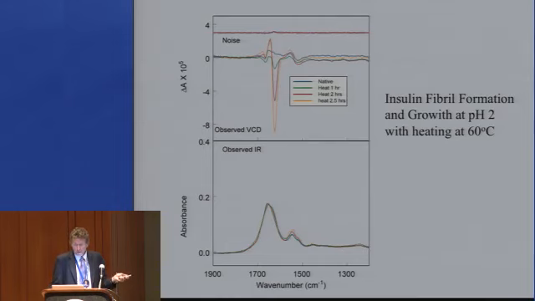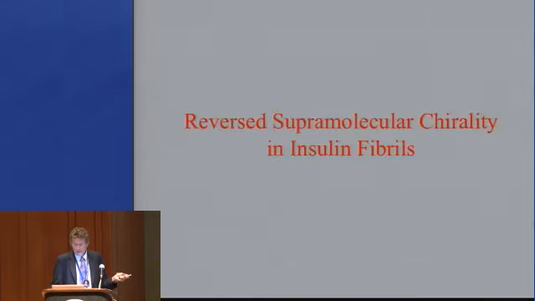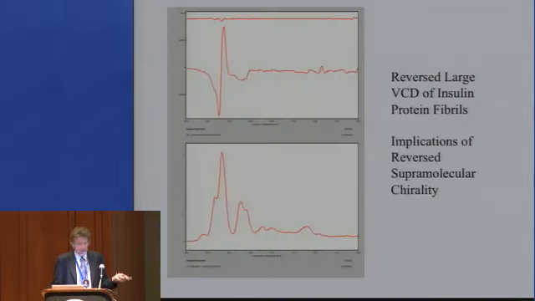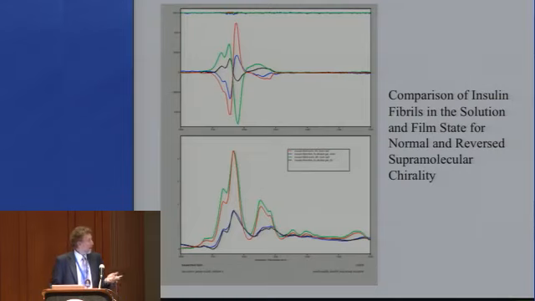So this is extraordinary sensitivity of VCD to fibrils. We also found that they completely reversed. If the twist reverses, then the whole enhanced VCD spectrum turns upside down. And this is a remarkable discovery that is now being used to study the effects of fibrils.